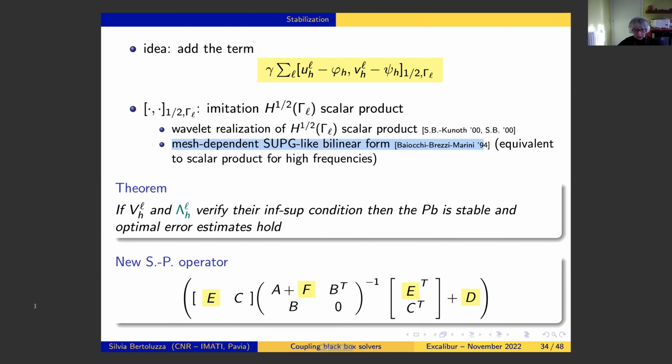The point is that the new Steklov-Poincaré operator has this form. And you can see that I have something inside the black box solver. So this is not good.